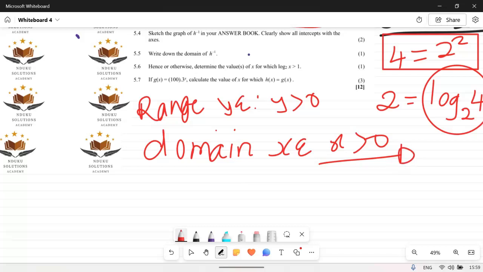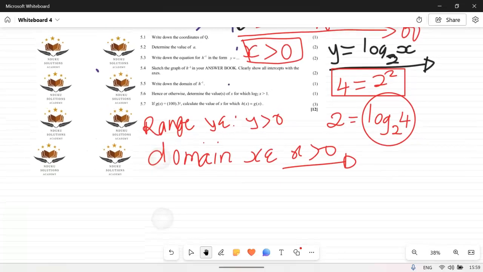So whether you interpret your graph, because your graph will be correct, or whether you take it from the range, knowing that your range becomes your domain and your domain becomes your range, because everything swaps when you're finding the inverse. I hope that makes sense, and if it doesn't make sense, I can also prepare a lesson for anybody who would like to have such lessons.